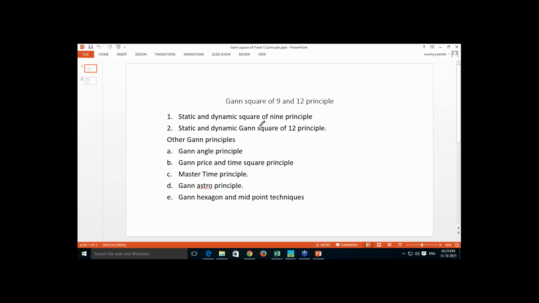Gann also has other studies where you directly study angular principles. In the Gann angle principle, the squaring relationship, as I told you, price and time are related to degree.